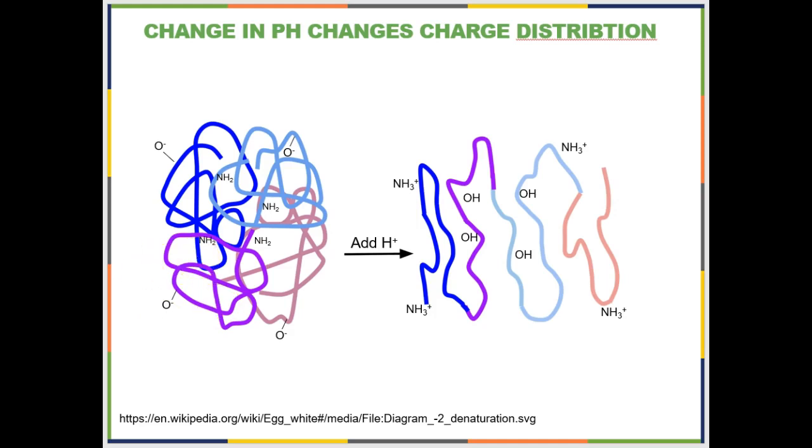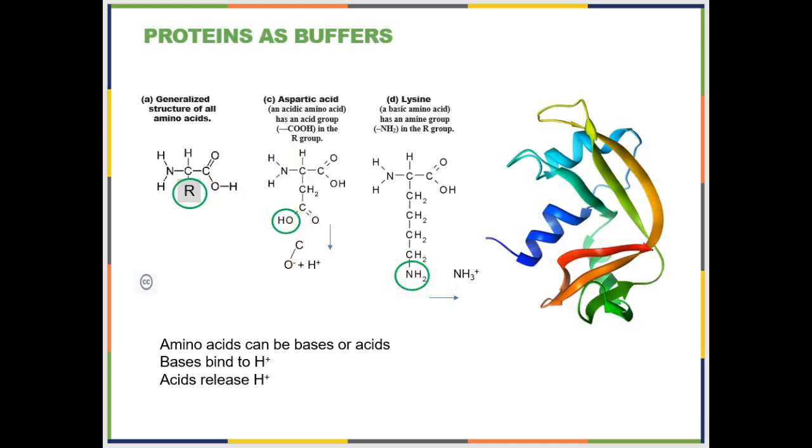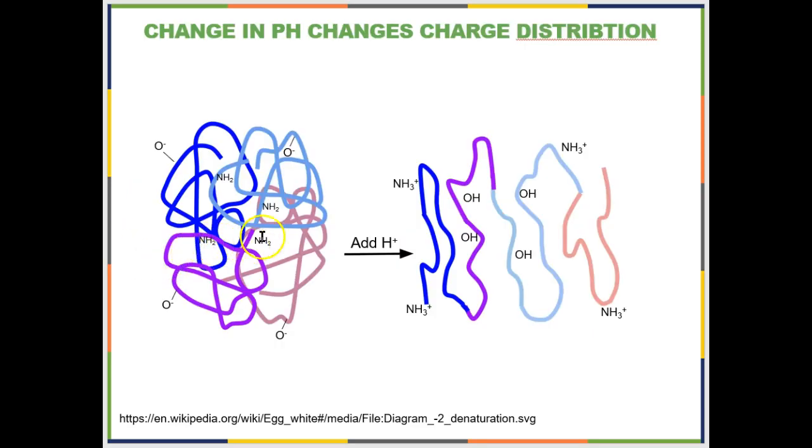And then here are all of our lysines, right? Our NH2s are all tucked into the middle of the protein because they don't have any charge on them. They can't hydrogen bond, so they're all hydrophobic. So you have hydrophilic amino acid side groups exposed to the water on the outside of the protein, hydrophobic on the inside.